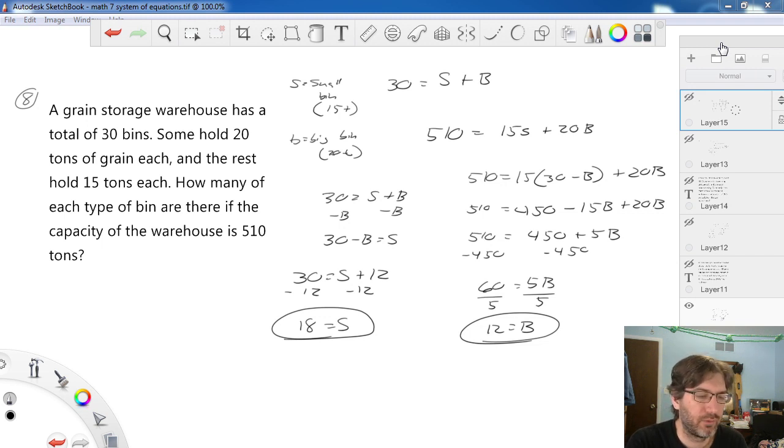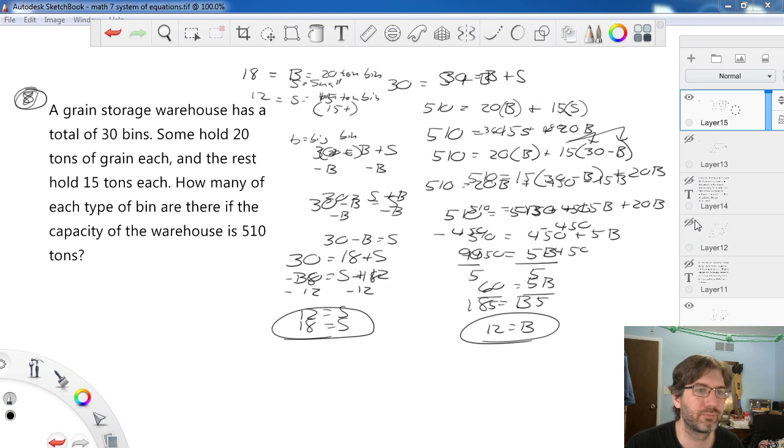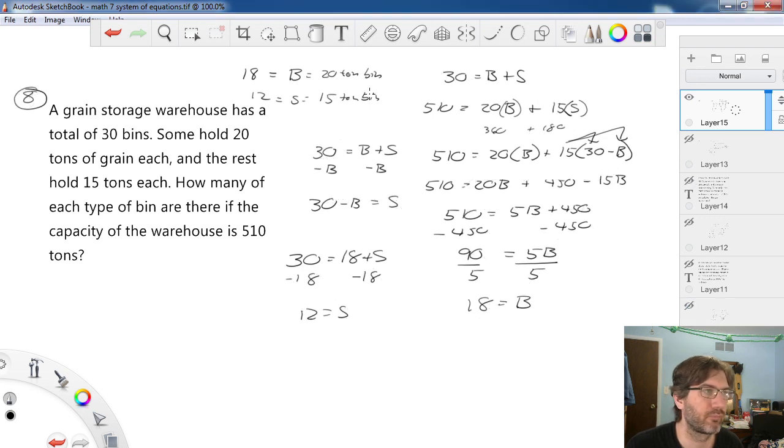What's not making sense? 15 times 18, 720. Oh, is that all I did? Did I screw this? This is what I screwed up, didn't I? Big is 20, right? Small is 15.